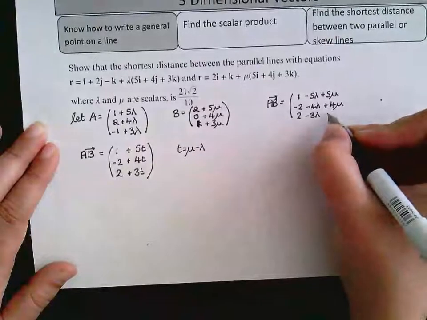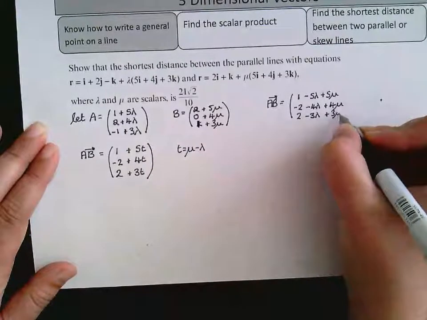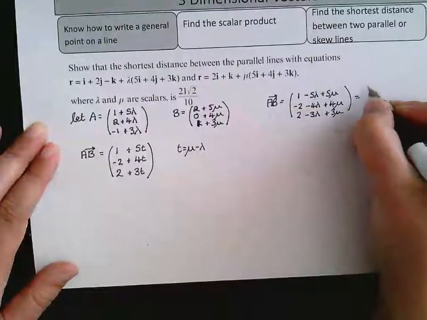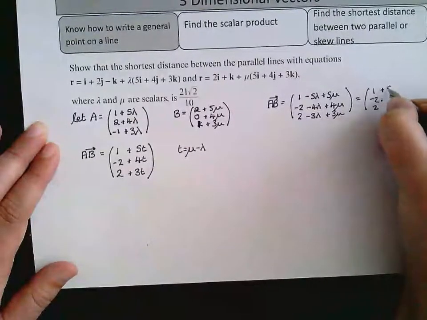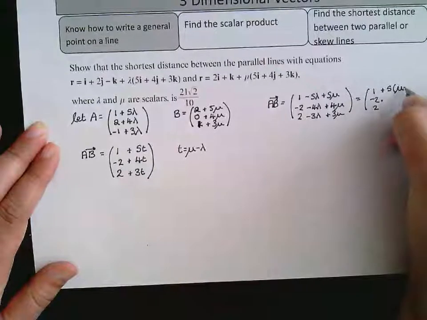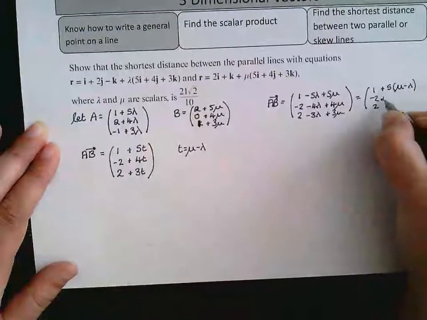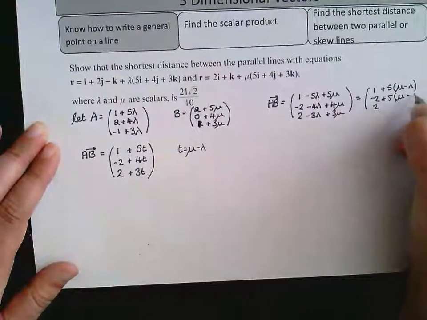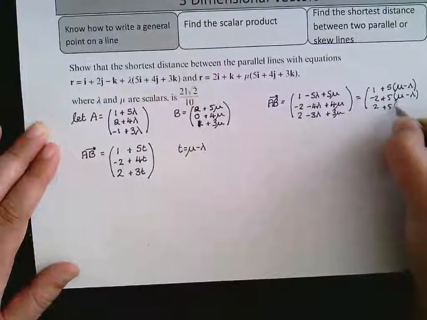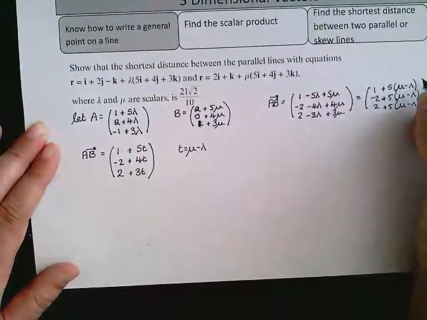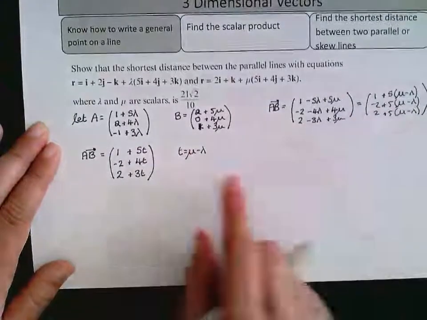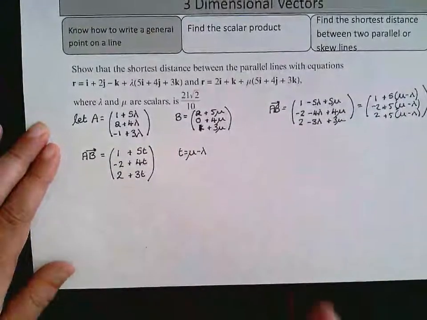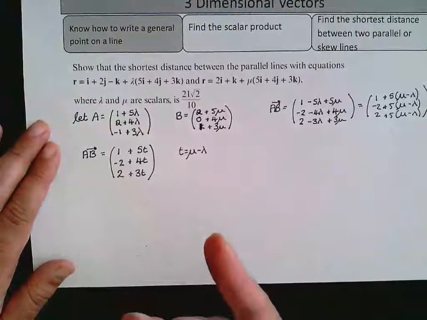Minus 3 lambda plus 3 mu, which means that is the same as 5 lots of mu minus lambda. So when they're parallel, you will have this occur. But to save you writing all that, you can just jump to here. So we only actually have one variable to find out.